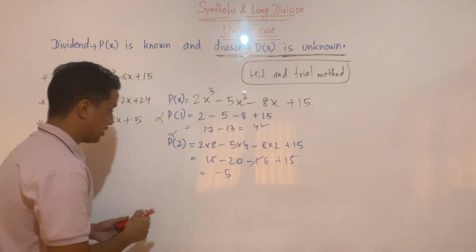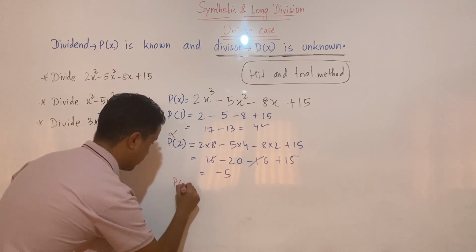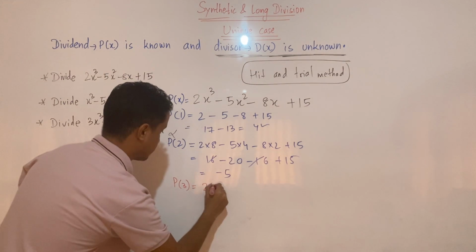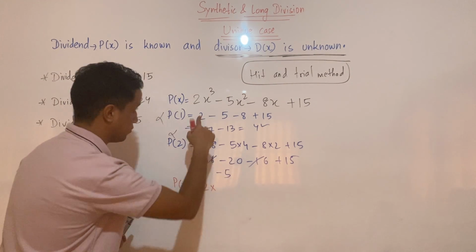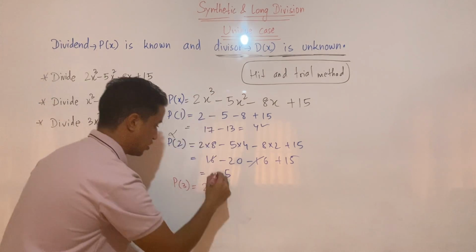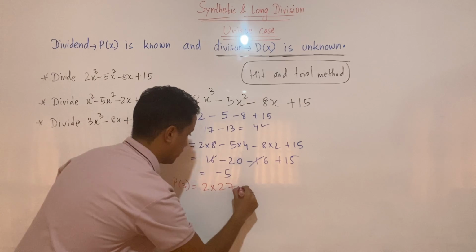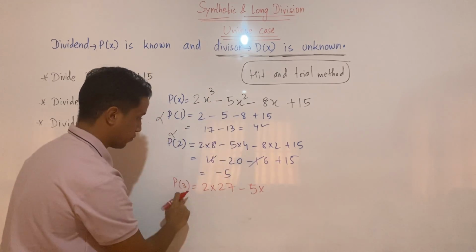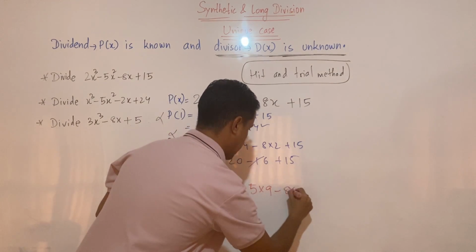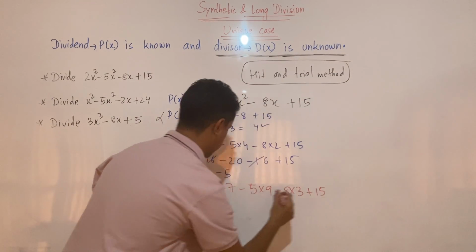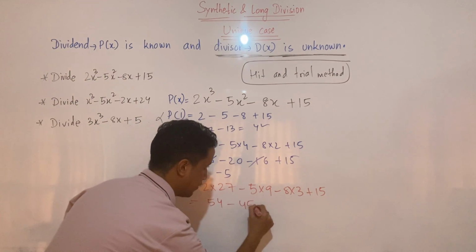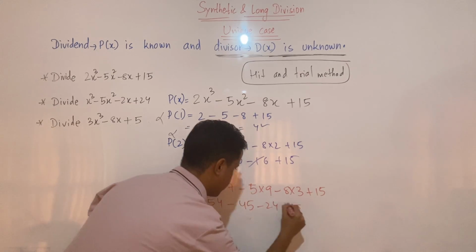Now let's see p(3). If I put the value of x as 3, 3 times 3 times 3 is 27, so 2 times 27 is 54, minus 5 times 3 squared, which is 9, so minus 45, minus 8 times 3, which is minus 24, plus 15.